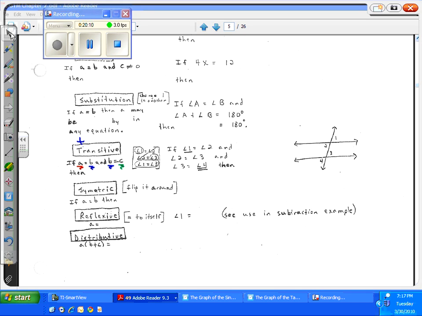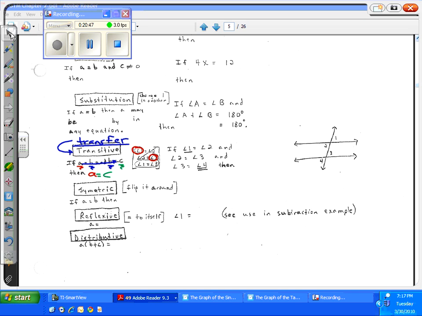C. And in the algebra book, we called this transitive, but when I taught it, we called it the transfer policy, transitive transfer. A is transferring through B to C, so the conclusion is that A is equal to C. If A equals B and B equals C, A equals C. This transitive property could also be used for angles.